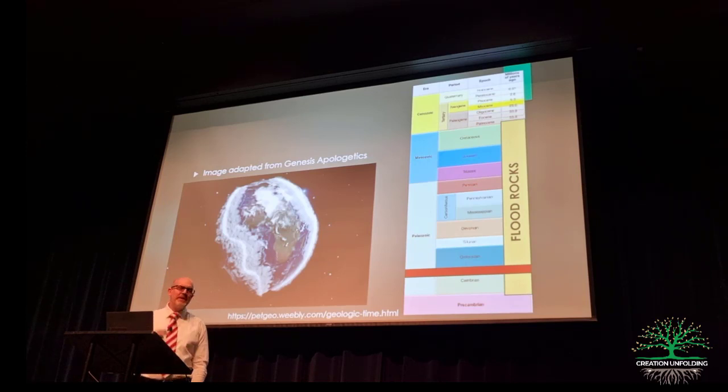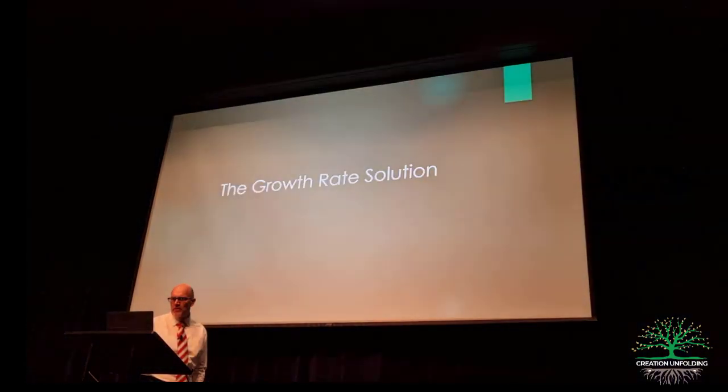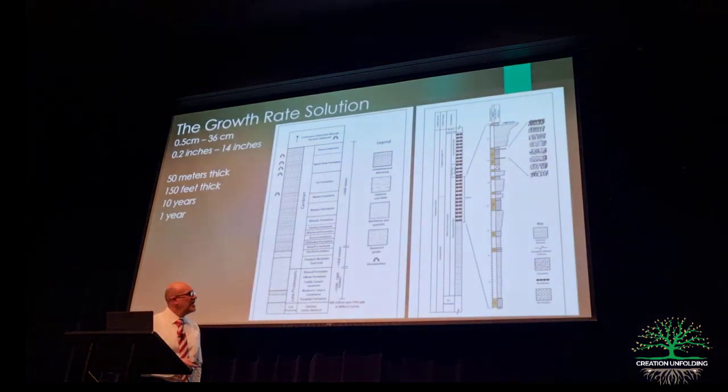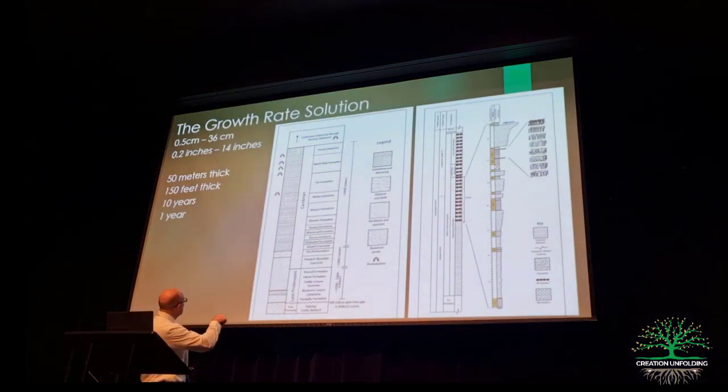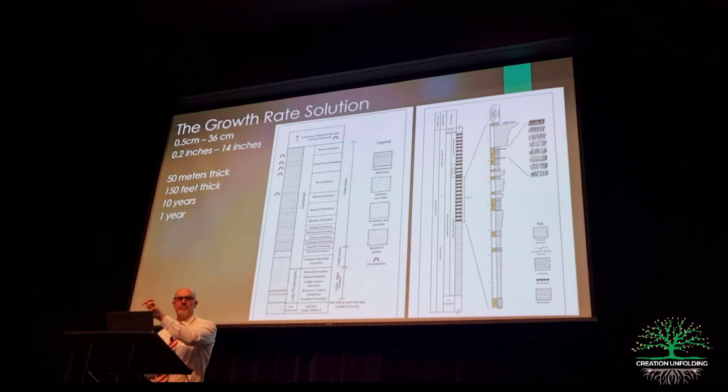But there are bigger issues with that as well, and that's because all of these rocks, let me go back. Here we go. These are all carbonates here. There's 2.6 kilometers thick of carbonates right down there in the Cambrian, supposedly the beginning of the flood.